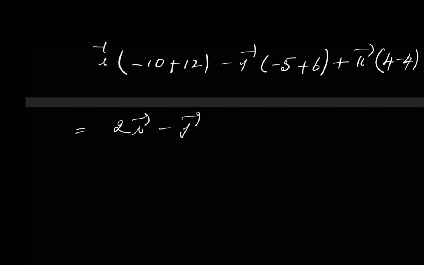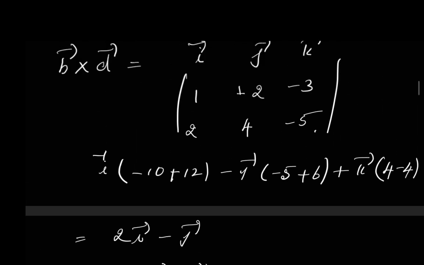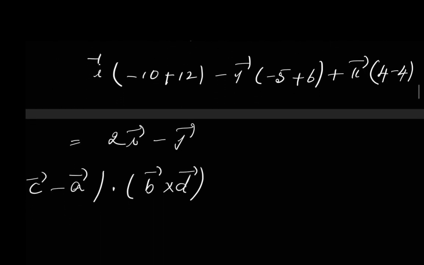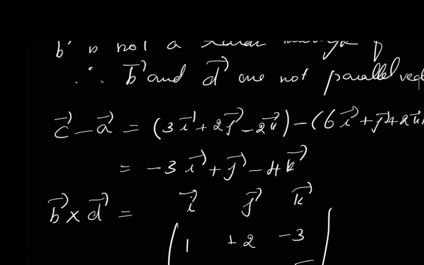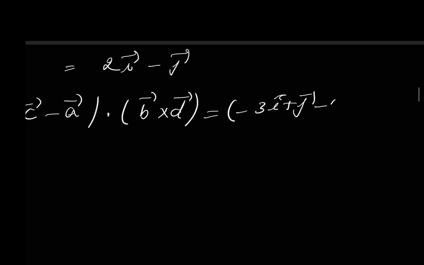Next you find vector C minus vector A dot vector B cross vector D. What is C minus A here? Minus 3i plus j minus 4k, dot 2i minus j.